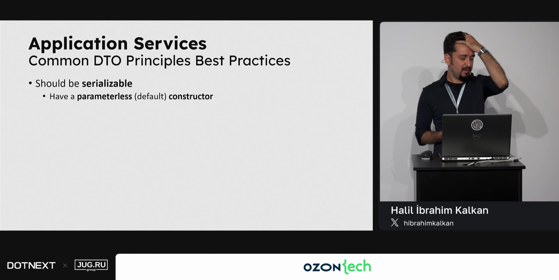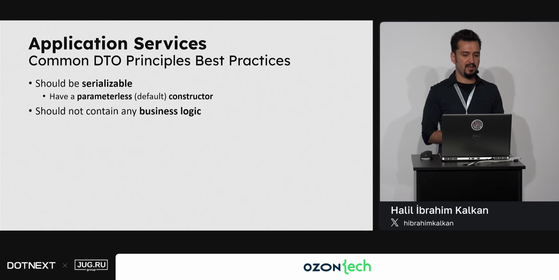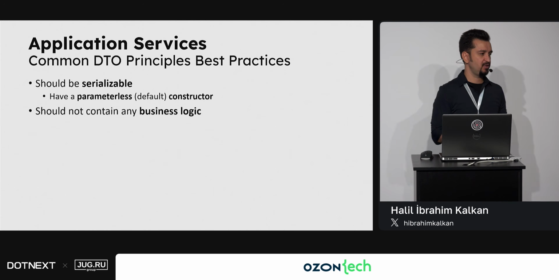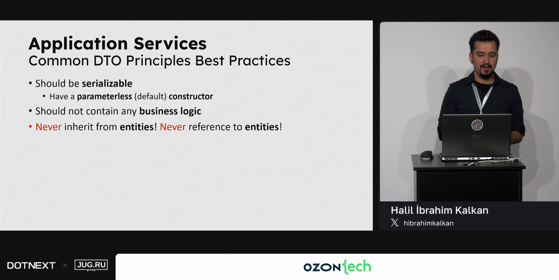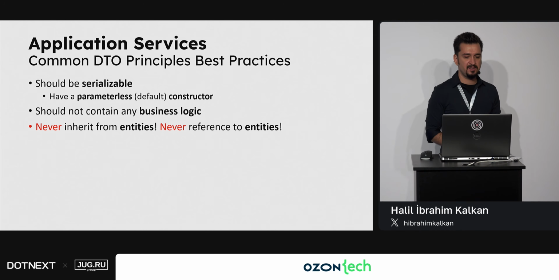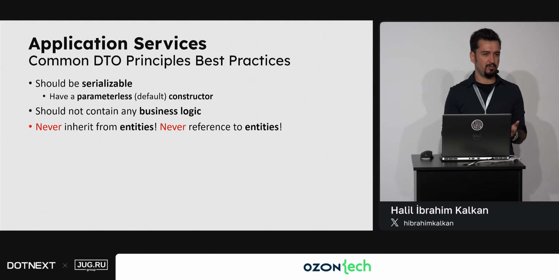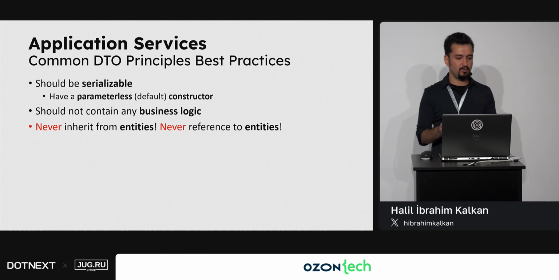So it should generally have a parameterless constructor, and should not contain any business logic, because its purpose is just to transfer data. It should never inherit from entities or reference entities. This is a very common mistake. Sometimes it is done accidentally, but we see many code bases that simply inherit an entity because of code reusability. Code reusability is not good at that point.